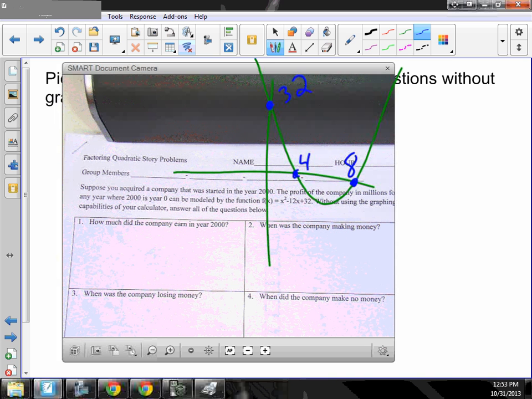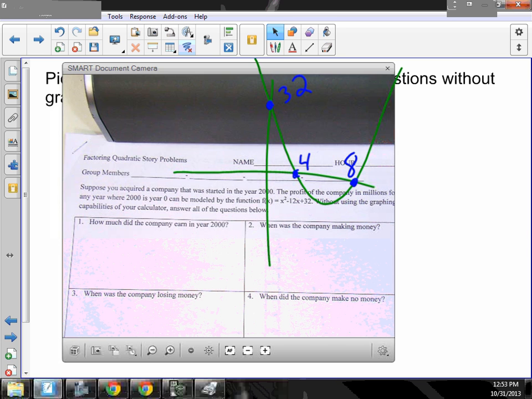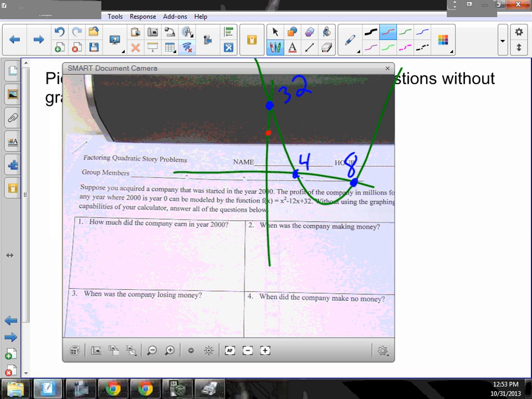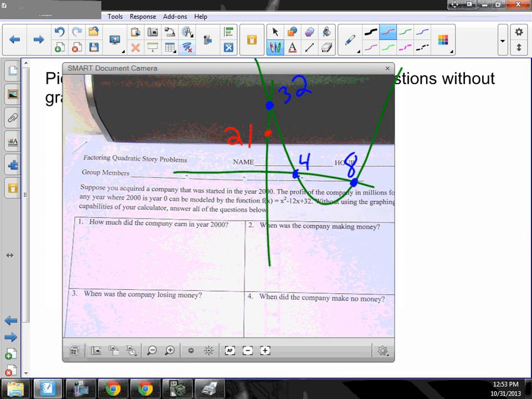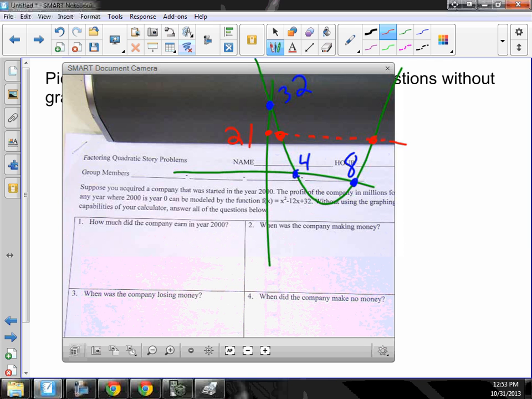You mean on the x-axis? Right. Okay, good. So up here at 21 million, if I were to draw a line across there, I know the y value is 21 million. I want to know which x values give me 21 million, and there are 2 answers. How are we going to figure that out?